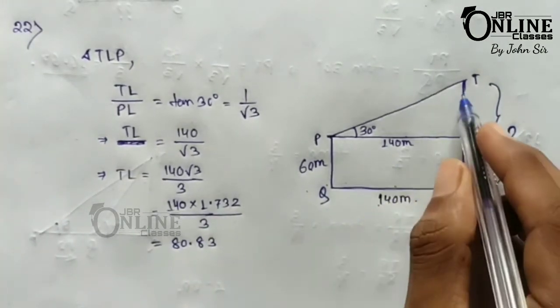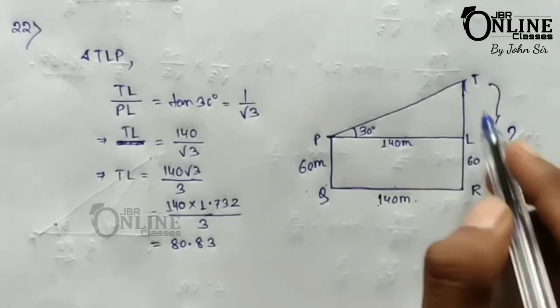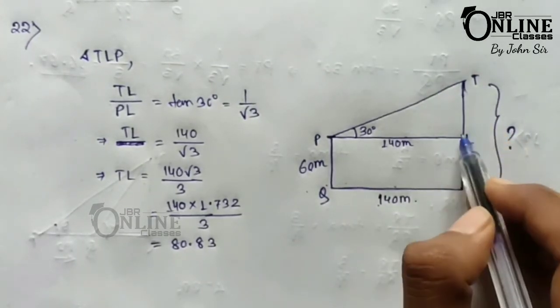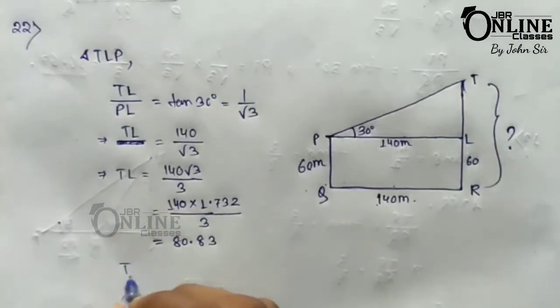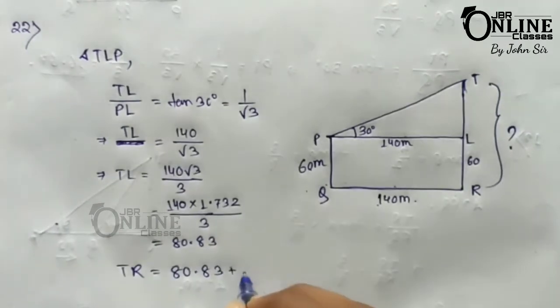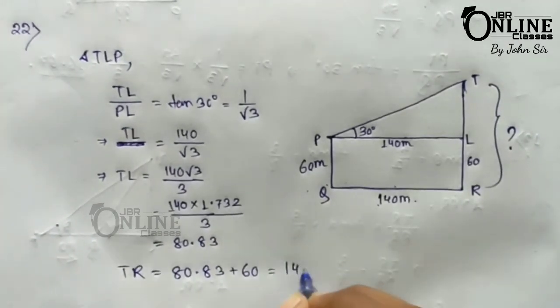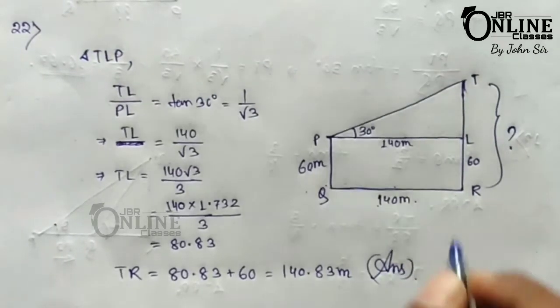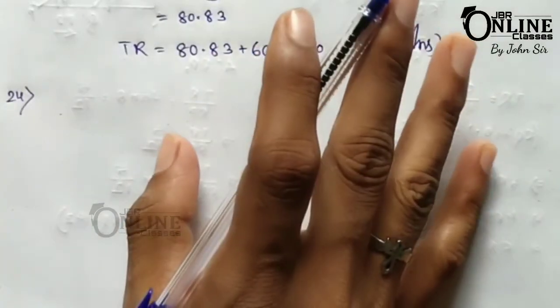Now as TL equals 80.83 and you have to find the value of TR, you have to add TL plus LR. So finally TR equals 80.83 plus 60, and that equals 140.83 meter. That is the answer. Sum number 23 is a similar kind of problem.